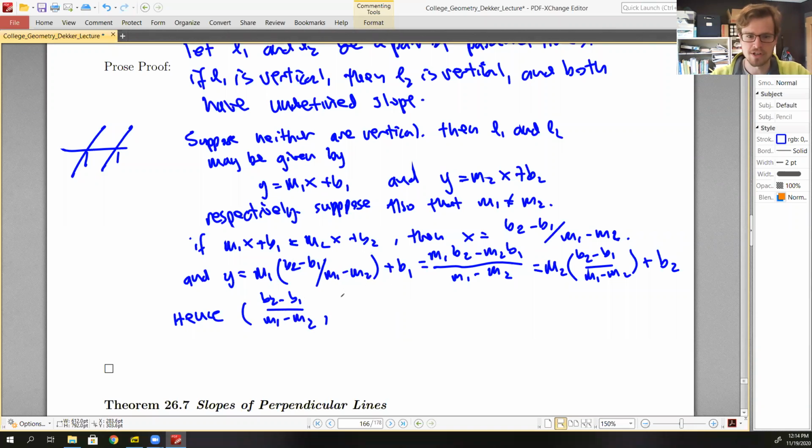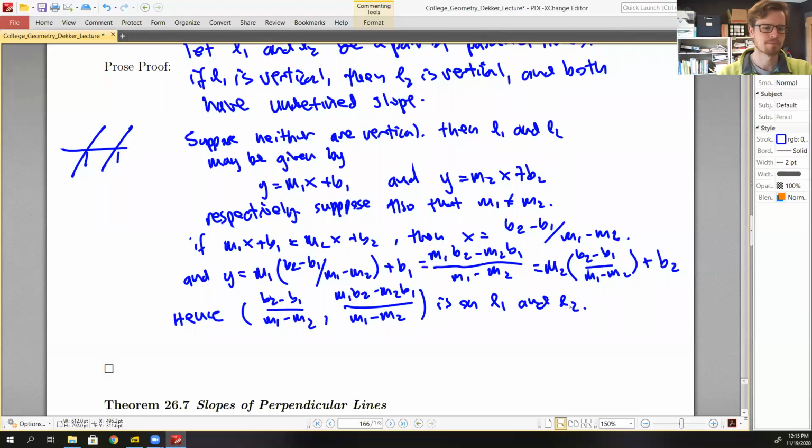So this coordinate, m1b2 minus m2b1 divided by m1 minus m2, this coordinate is on L1 and L2. So L1 and L2 intersect.